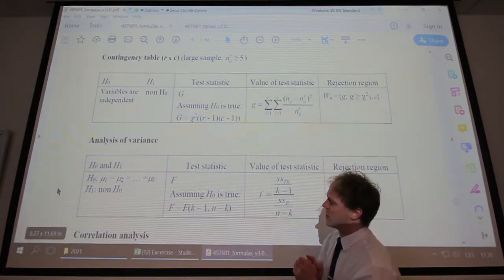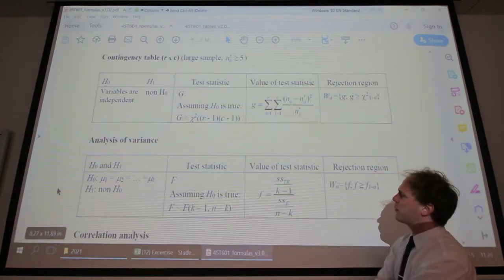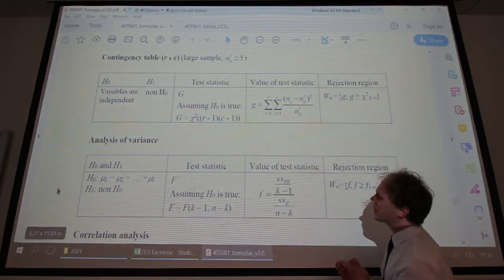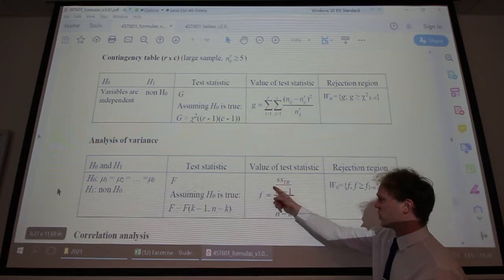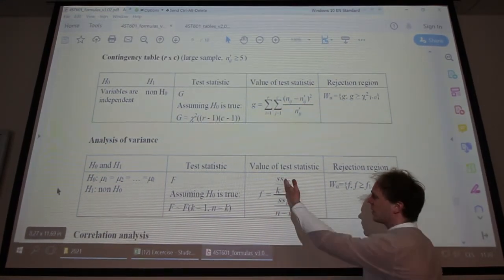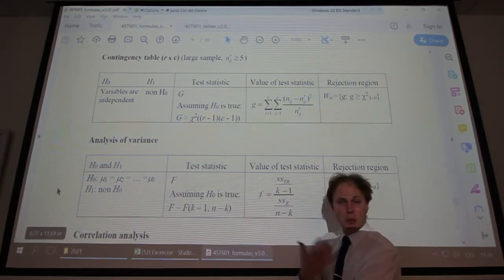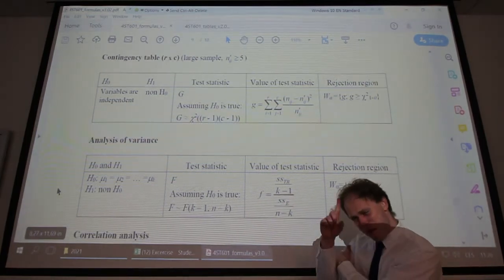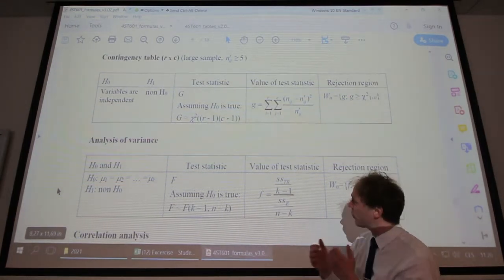So what we need to calculate is the test statistic, Fisher F statistic, yes, and the value of this Fisher F statistic is calculated like this numerator divided by this denominator, and in the numerator you can find the sum of squares, TR, treatment. Yes? Do you remember where I calculated the treatment sum of squares for you?